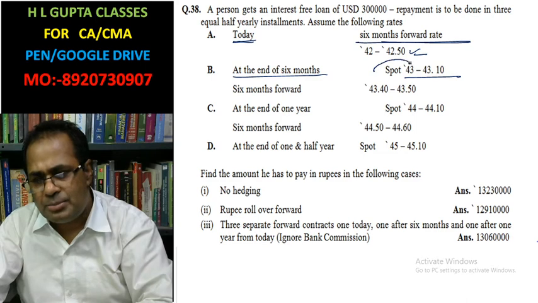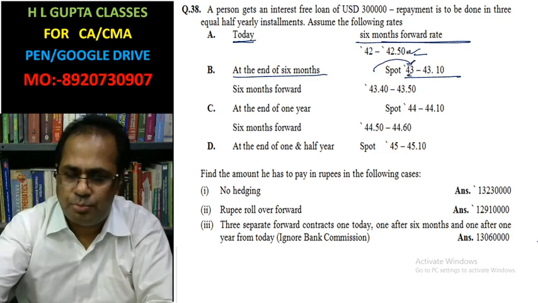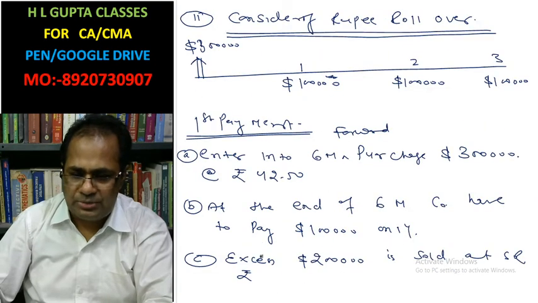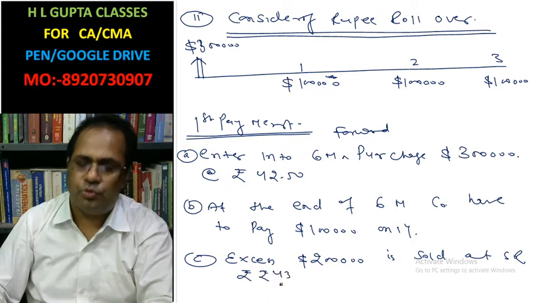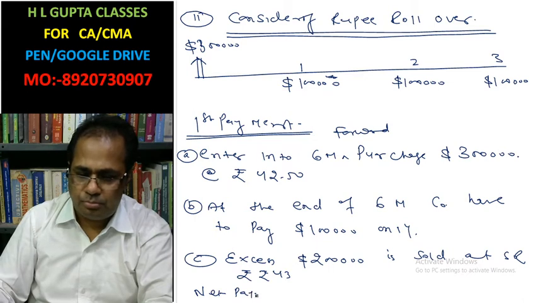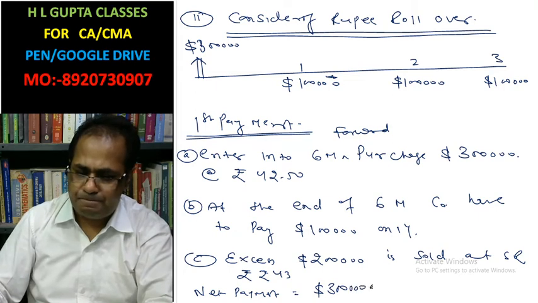Excess 2 lakh is sold at a spot rate, at the rate of rupees 43. Net payment: $3 lakh you purchase at 42.50. $2 lakh you sold at 43.